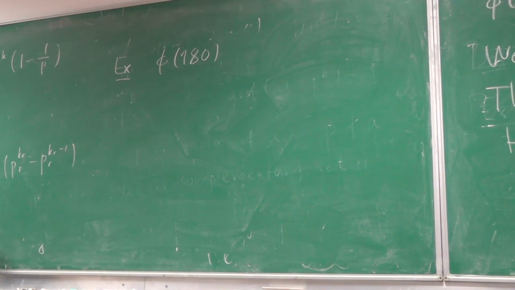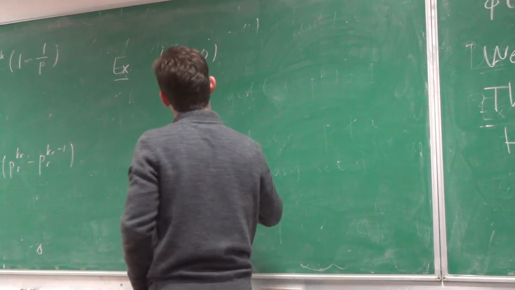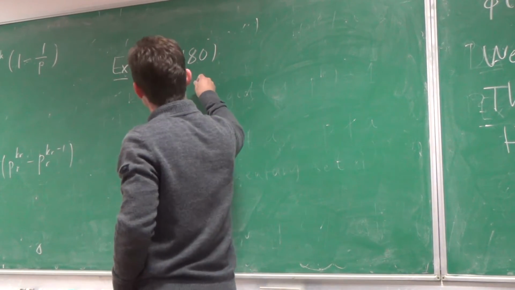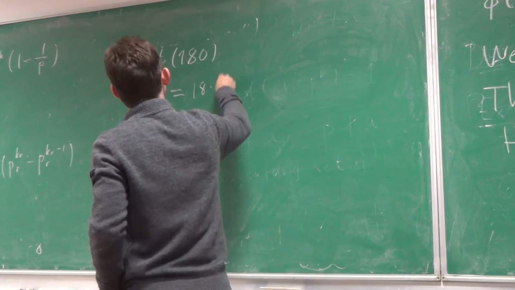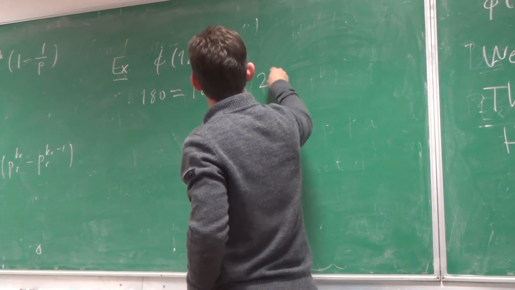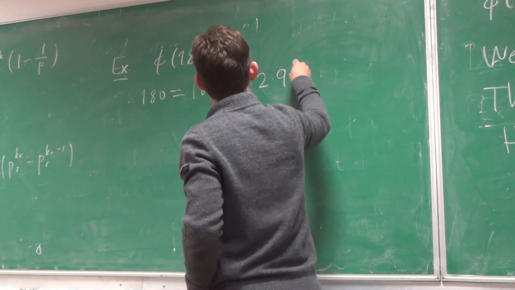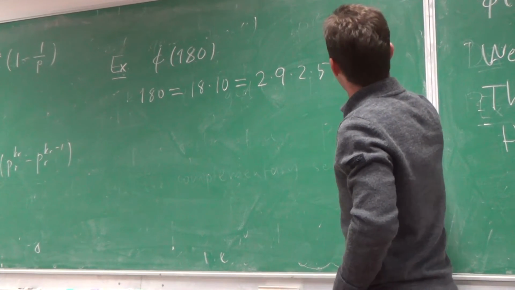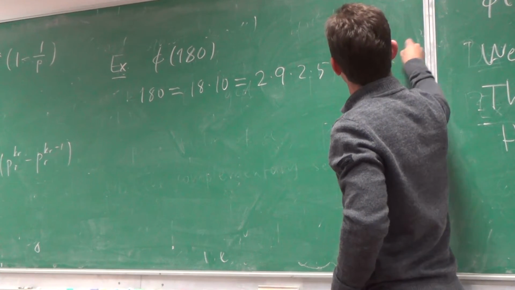So this is really the way to go. We can factor it as we did yesterday: 18 times 10, 2 times 9 times 2 times 5, so 2 squared times 3 squared times 5.